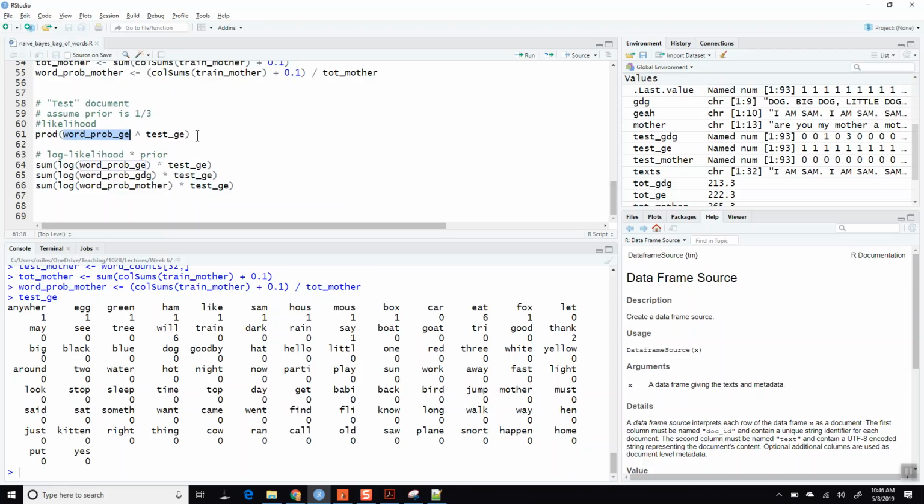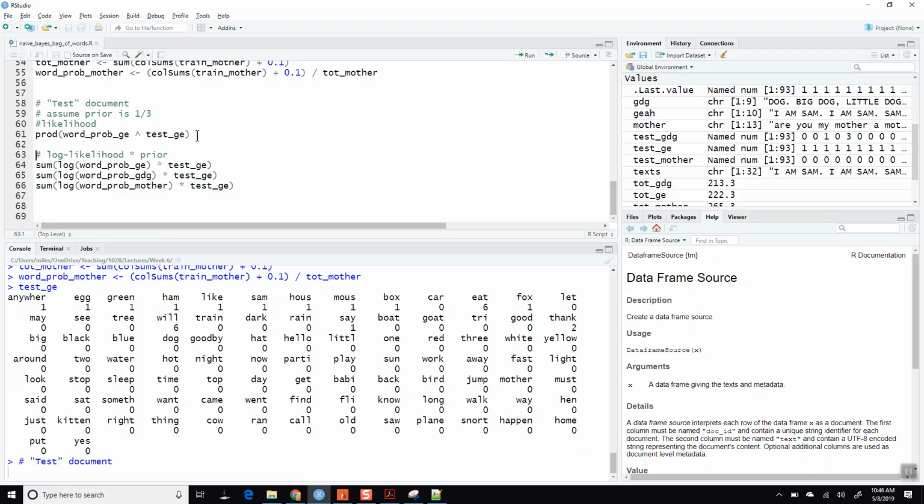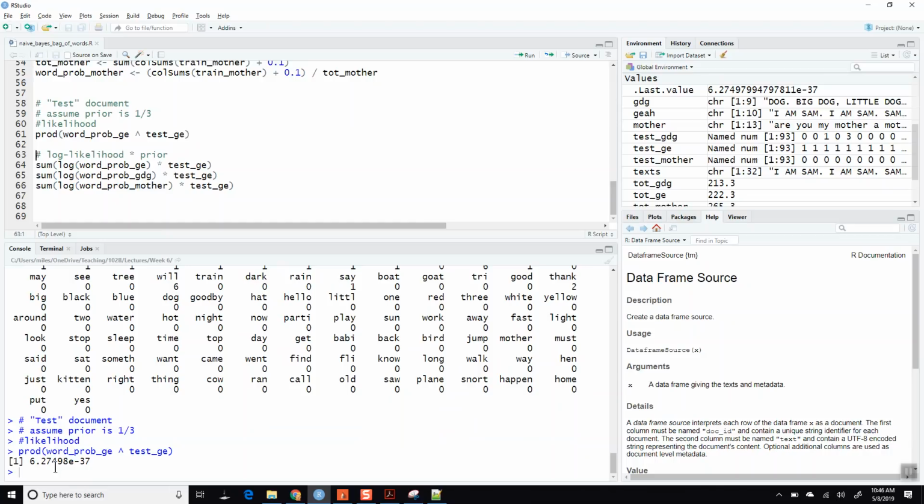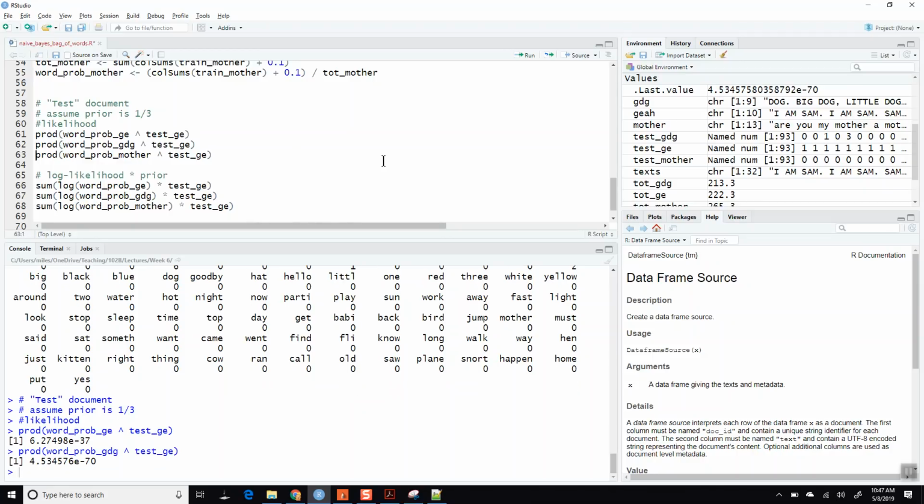When we do this, because we're dealing with such a huge vector, we're going to get really, really tiny results, which might be okay, but sometimes it could result in something too small, and we could run into the limits of floating point arithmetic. So this is the likelihood.